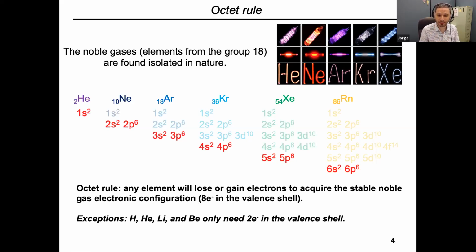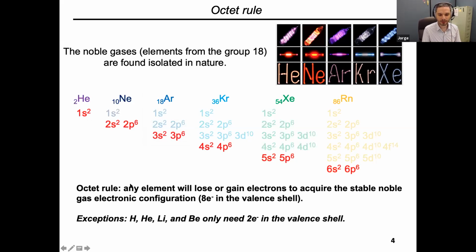There is one exception to the octet rule, which is the duet rule. Some atoms will try to imitate helium, where only 2 electrons in the very first shell is enough to achieve stability. And this rule is called duet rule.